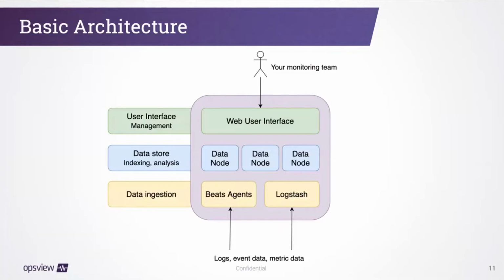The simplest deployment is just a single data node, so the interface and the data node can all be in one place. The entire purple box that you can see there would be a single system. But for scalability and availability, we can also add additional data nodes. Typically, you'd go from 1 to 3 to provide proper high availability, but you can continue to expand the data nodes beyond that to scale as far as you need to.